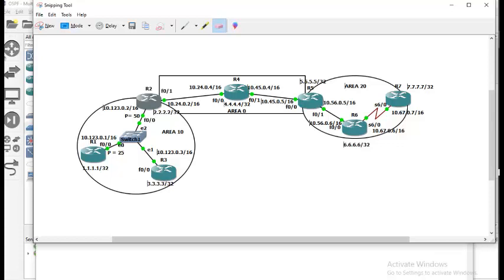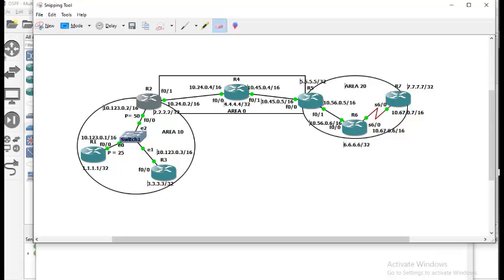Where did we set highest priority? We did not set any priority there. Oh, sorry. R1 has got the highest priority, so it became DR, isn't it? No, R1, earlier it was a BDR.